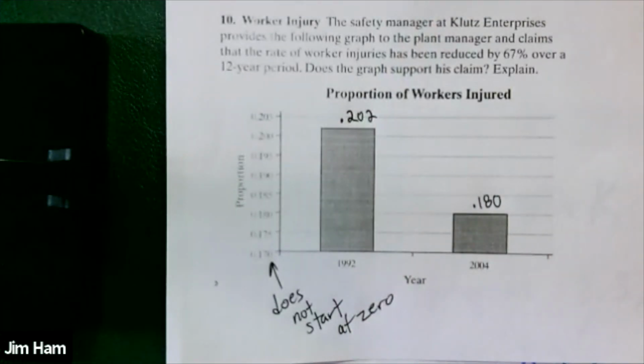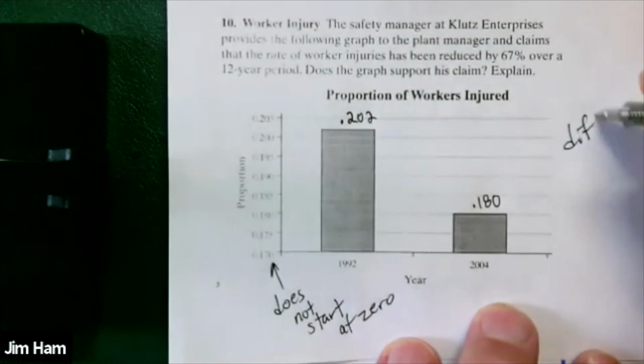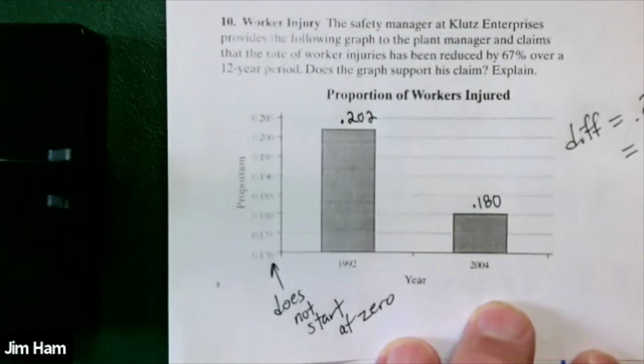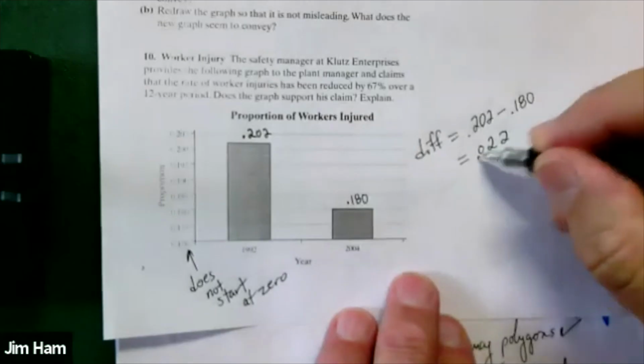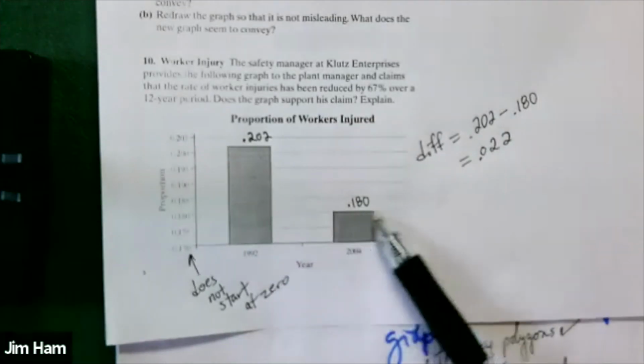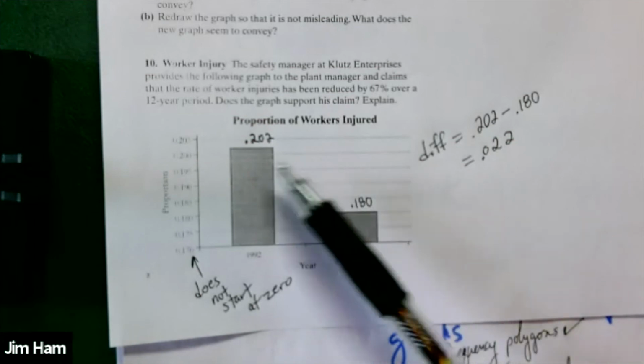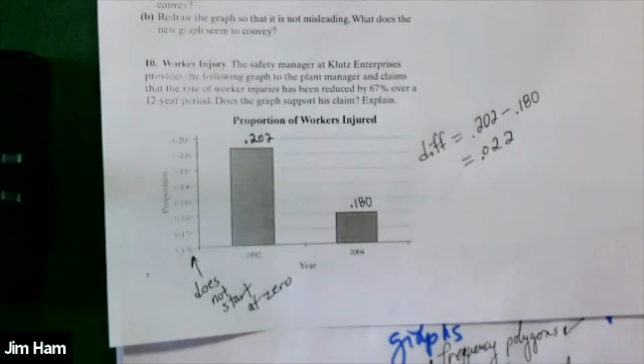So the difference between those two, what would that be? Right, if you take these two numbers and subtract, it looks like the proportion injured decreased by about 2 percentage points, 20.2% down to 18%.